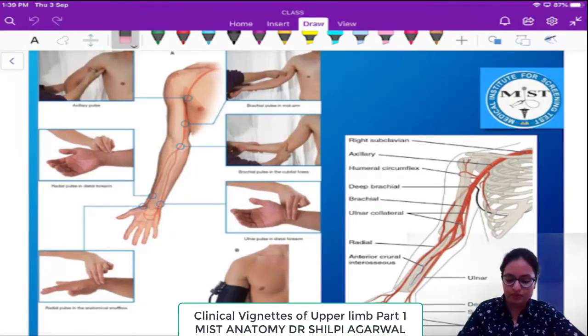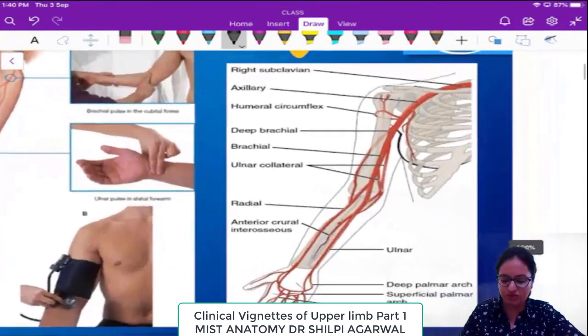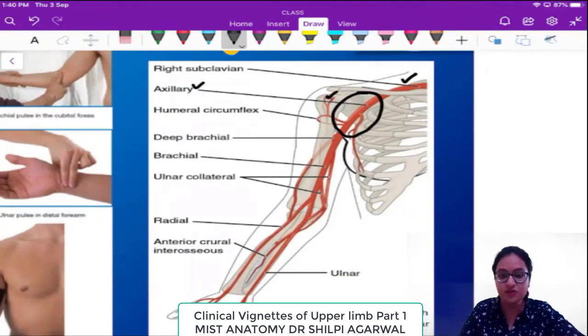Now if you see over here, this is the basic arterial network of the whole upper limb. First of all, this is the subclavian artery, and in the axilla it continues as the axillary artery. This is the axillary artery.